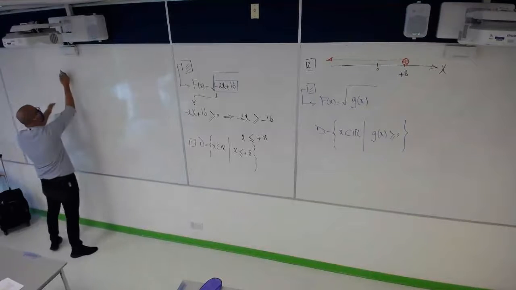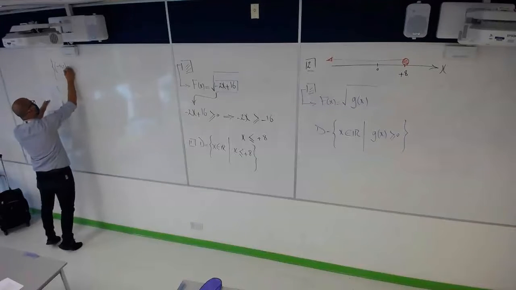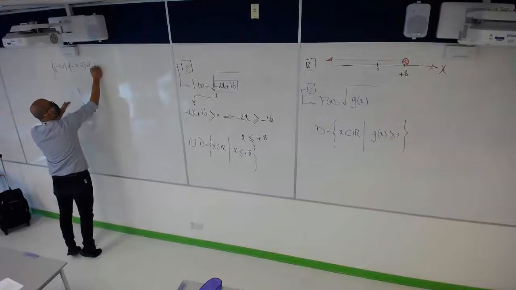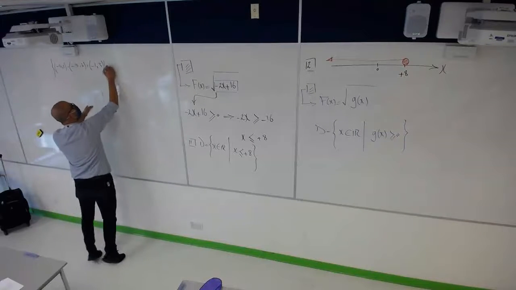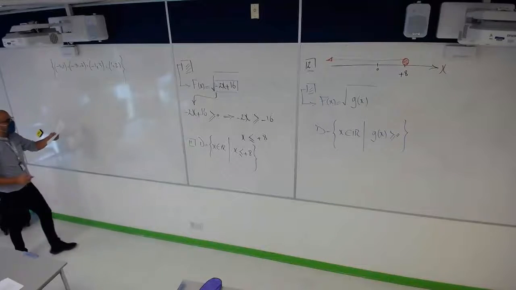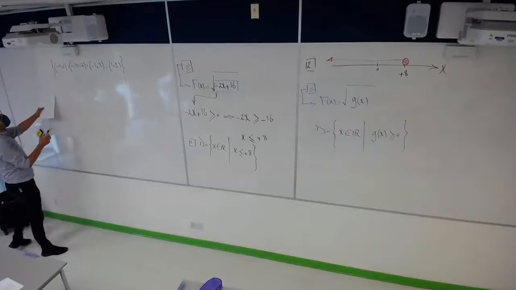Guys, look at this, the first one. Minus 5, 1. Functions are relations that only have one result.